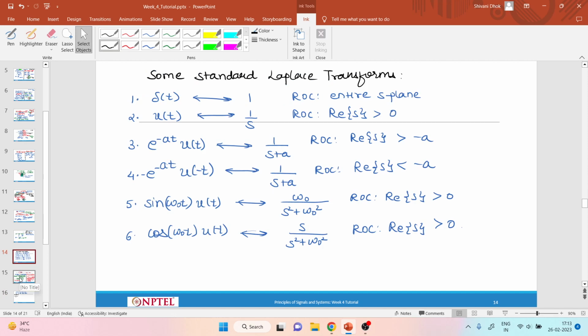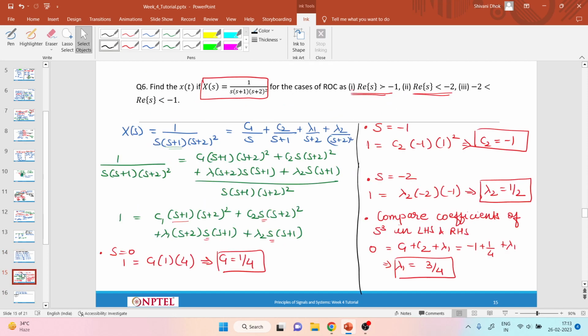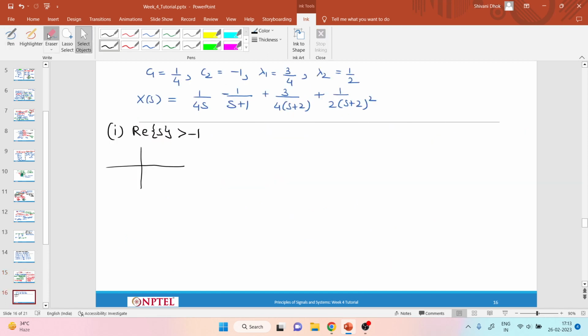I'll modify this question a bit, that is it is greater than 0. Let's say my ROC is greater than 0. So I'm having a pole here at 0, a pole at minus 1 and a pole at minus 2, and my ROC is real part of s greater than 0.